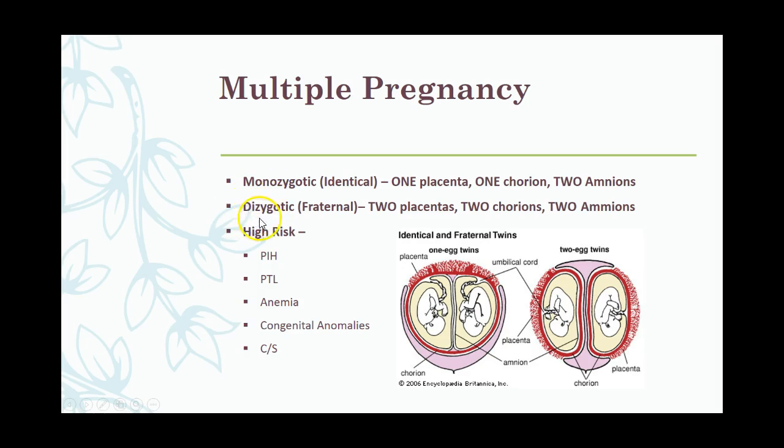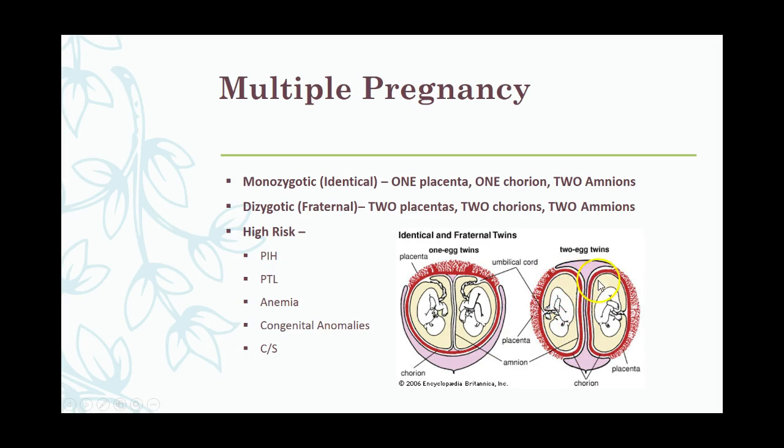And then we have dizygotic twins. These are your fraternal twins. These guys have two placentas, okay? You can see a placenta 1 on this side, placenta 2 on this side. They have two chorions. So here is one chorion, and here is the second chorion. And they have two amnions.